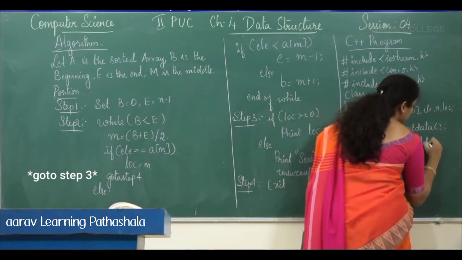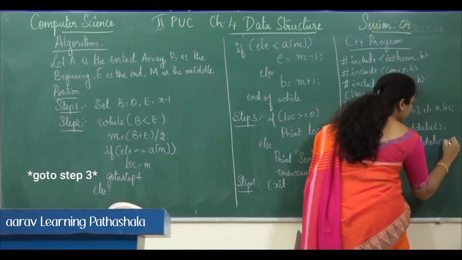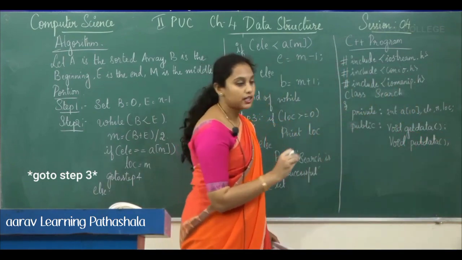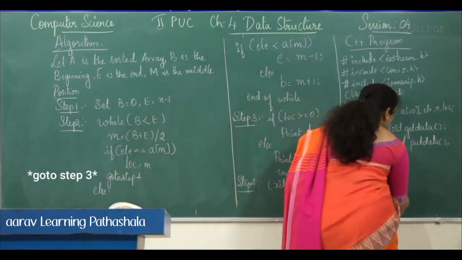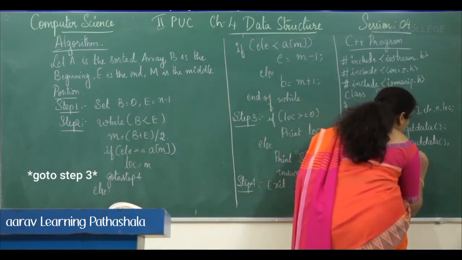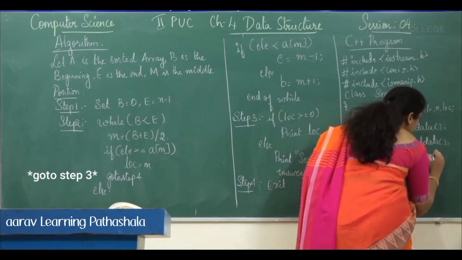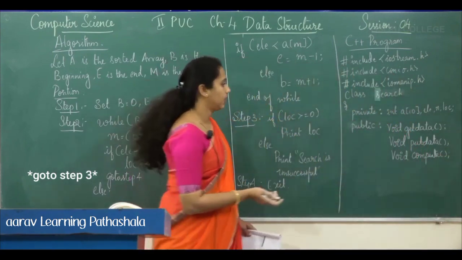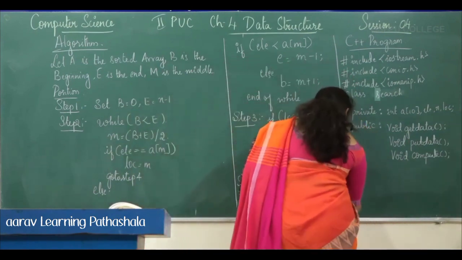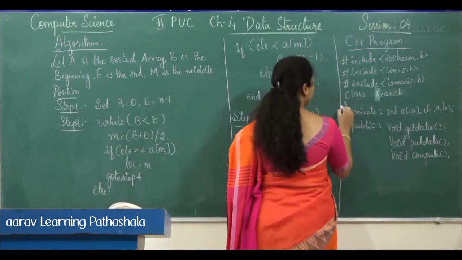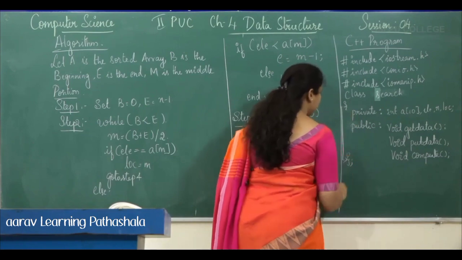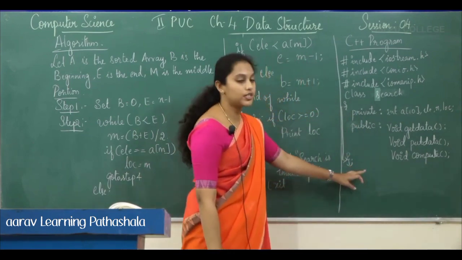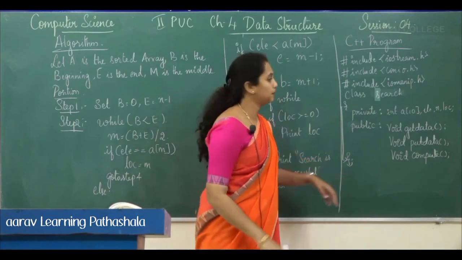Put data function is used to display the data on the monitor. Next is void compute function, used for calculations. And end the class by closing the curly bracket with semicolon.